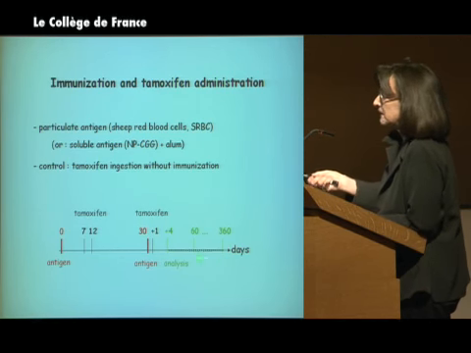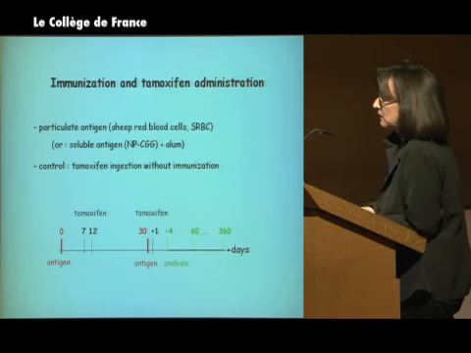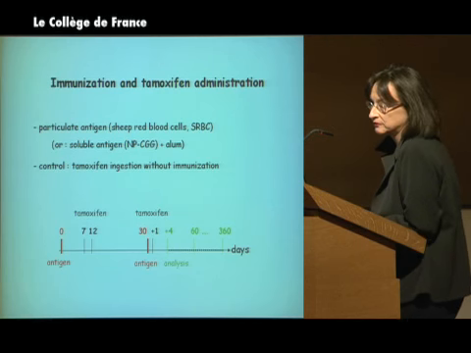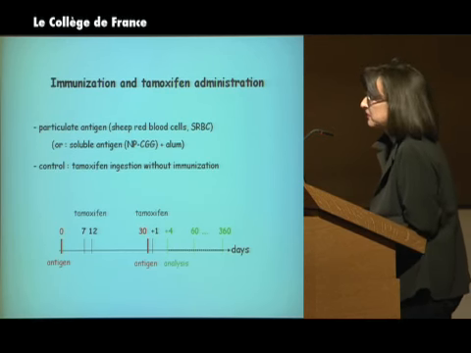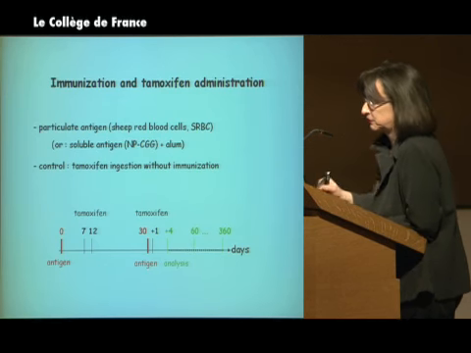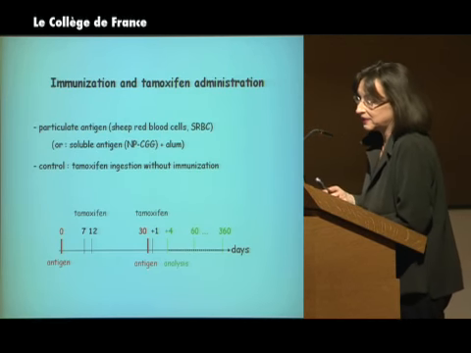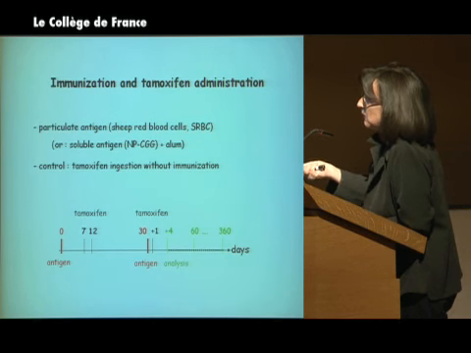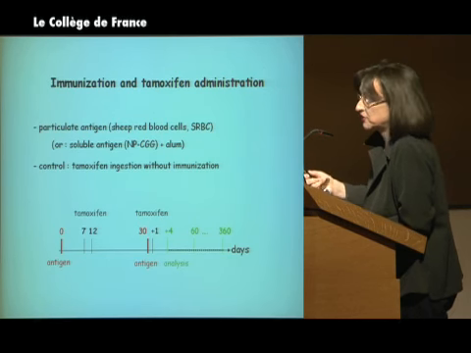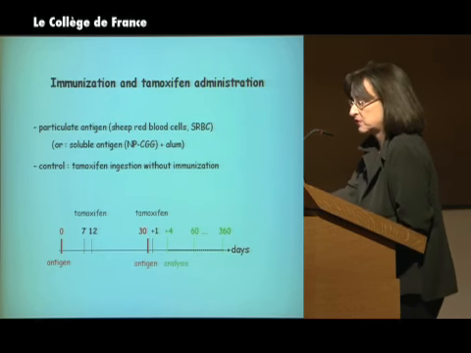And after that, we followed cells on the basis of the acquisition of the YFP fluorescence for up to 1 year after the immunization. So it's really what we call long-term memory. So again, the control animals are only the 3 ingestions of tamoxifen without immunization.